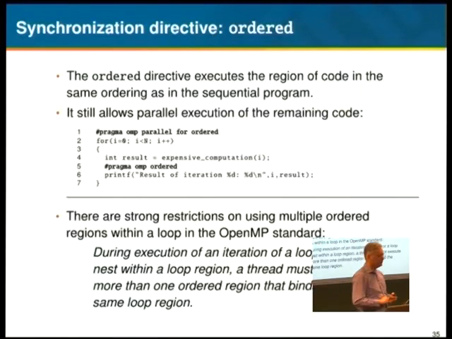There are a few requirements here, like only one ordered region is allowed in a single for loop. Don't expect magic performance here, because this takes a lot of synchronization underneath within OpenMP, so you will hand out performance. If you can get rid of that ordered requirement, you can likely get 4x on an algorithm. If you have ordered in there, you are lucky if you get 2.5.